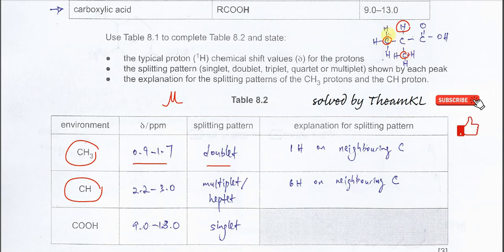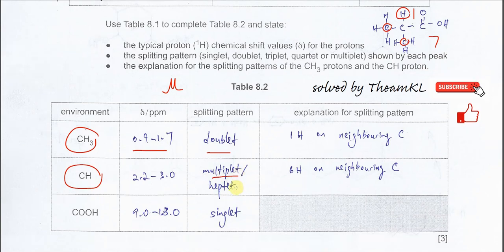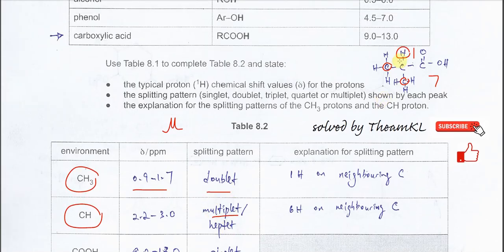On the adjacent carbons, there are 1, 2, 3, 4, 5, 6 protons. So this proton will couple with these 6 protons. 1 plus 6 you get 7, so you get 7 peaks. Normally, when it's more than 4, you can give multiplet, or you can put heptet. Heptet means 7 peaks.